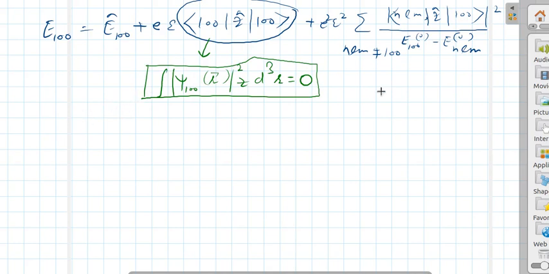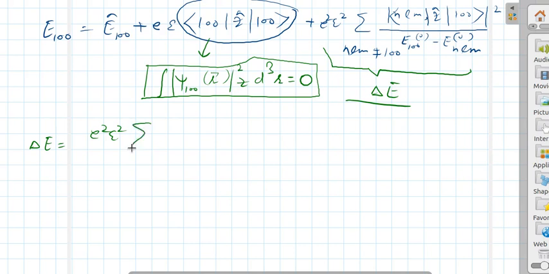So that means the shift in the energy is only because of the second term, and let me call it the energy shift.